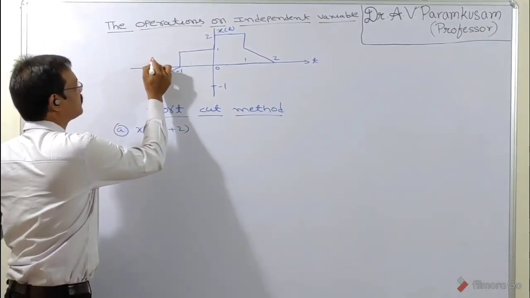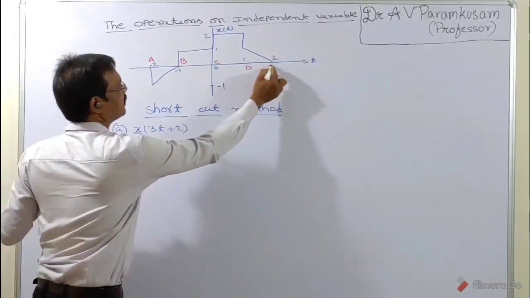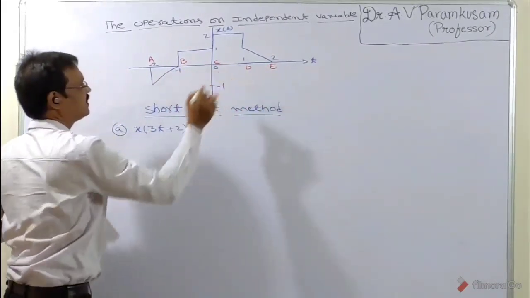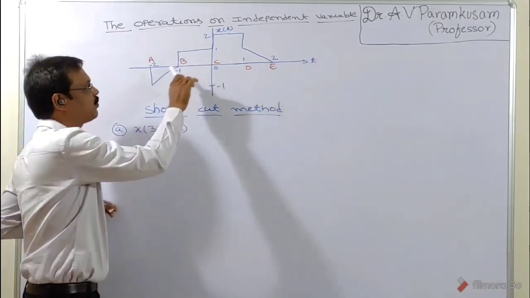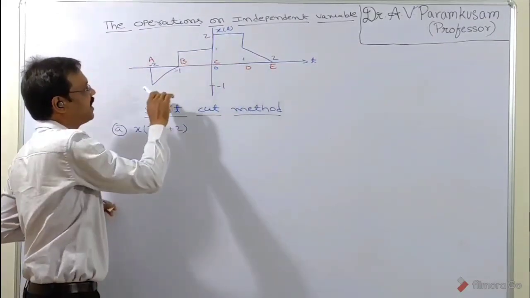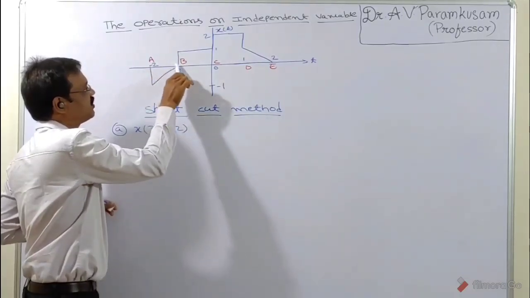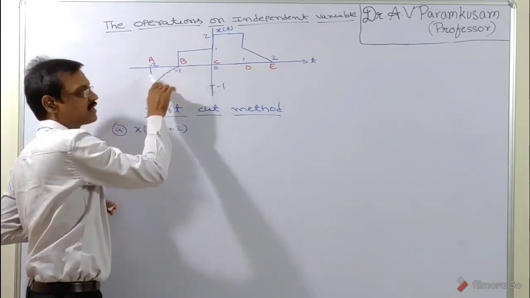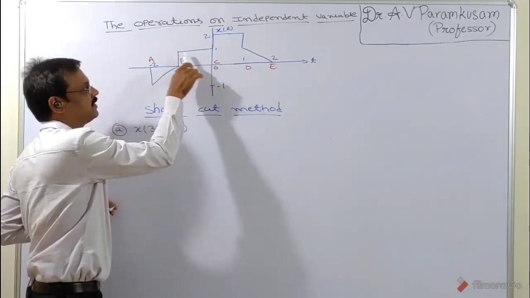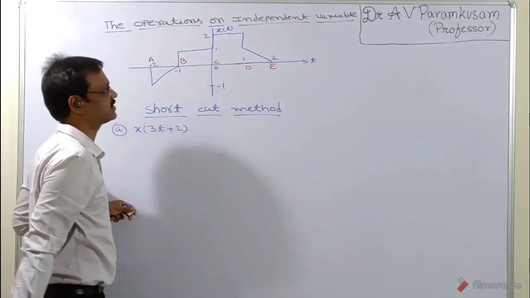Suppose this is A, B, C, D, E. Why do we identify these as the important points? Because between any two successive points, the expression for x of t can be expressed by a single expression. Suppose between minus 2 and minus 1, x of t can be expressed by a single line expression. Between B and C, it is a single line expression, which of course is a constant.